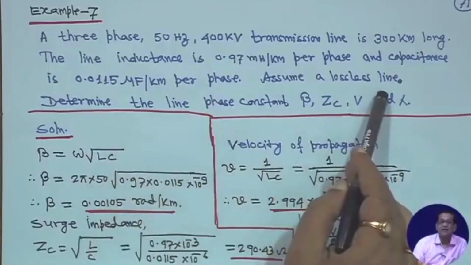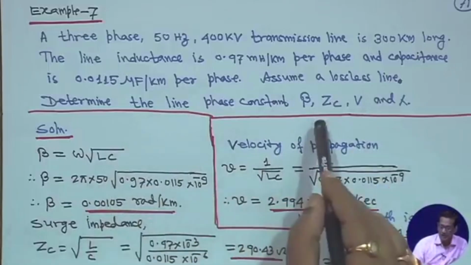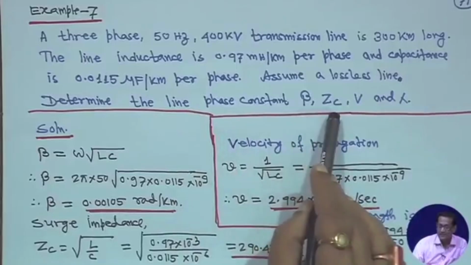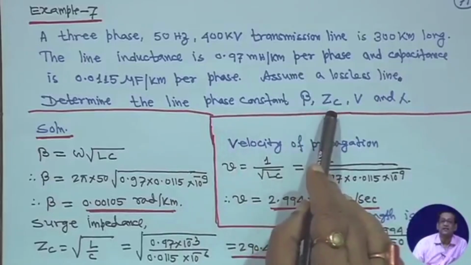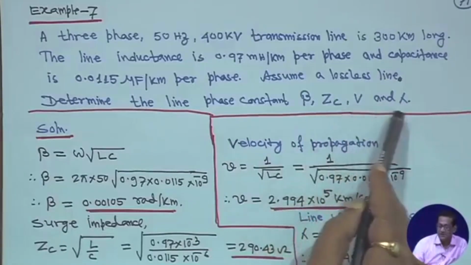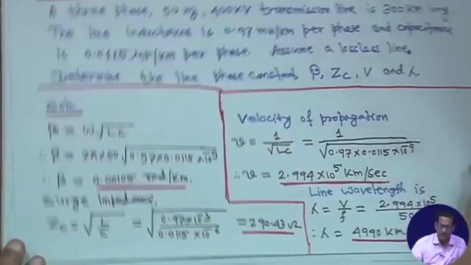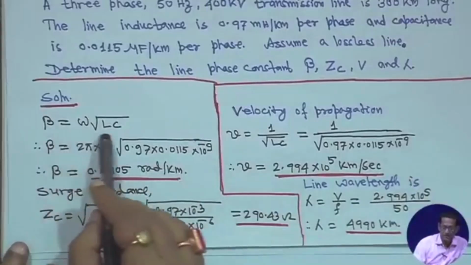Assume a lossless line. You have to compute beta, the line phase constant, Z c, the characteristic impedance or surge impedance, V the velocity of propagation, and lambda the wavelength.